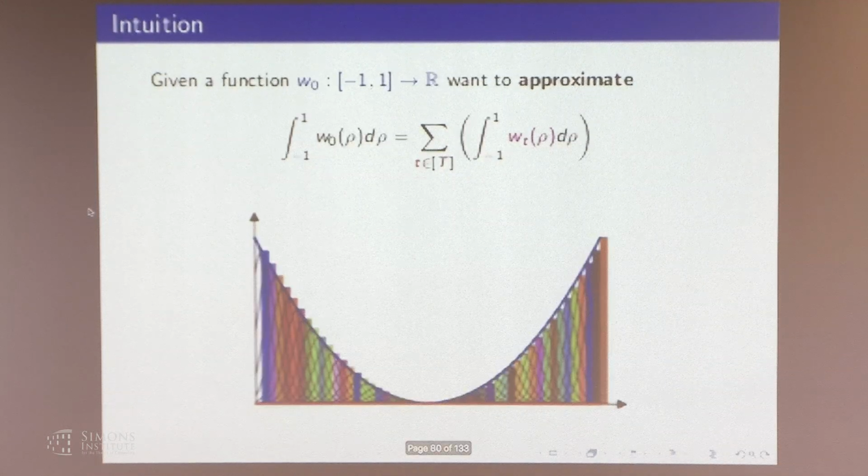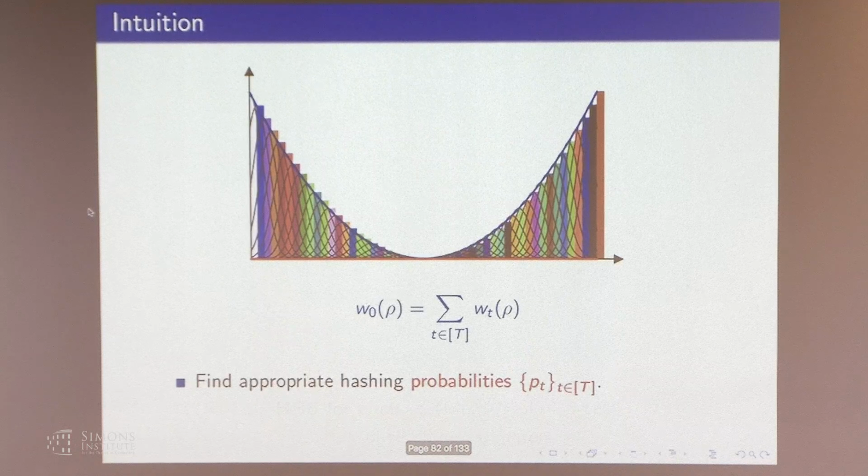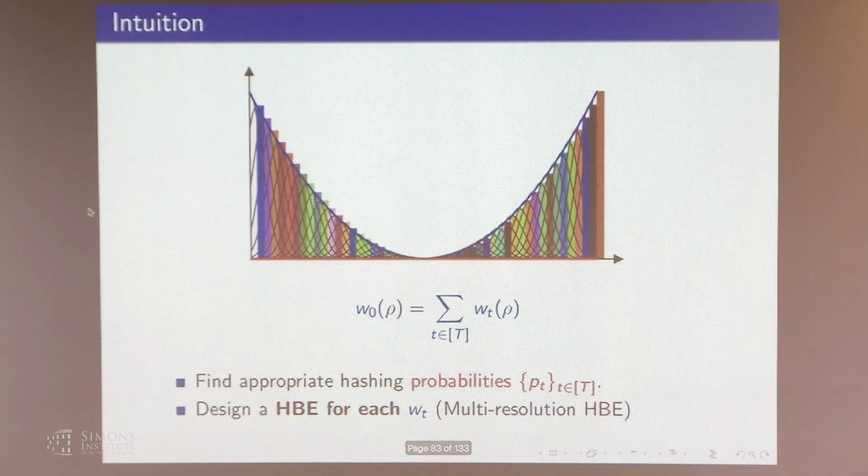Okay. All right. So the main challenge is to figure out how do we decompose our function of interest into a bunch of different functions. Right? How do we compute these WTs? Exactly the question that Jairam was asking. Okay. So we're going to pick our hash families from these distance-sensitive hash functions that I mentioned before. Okay.